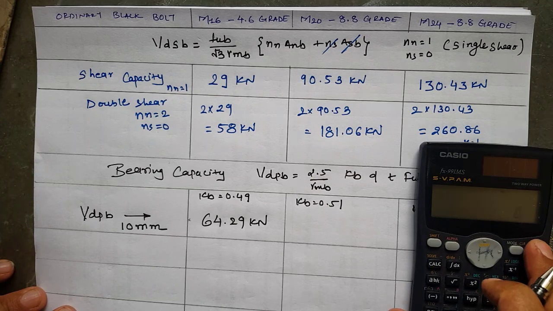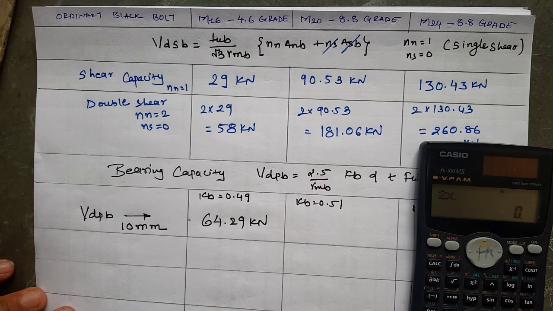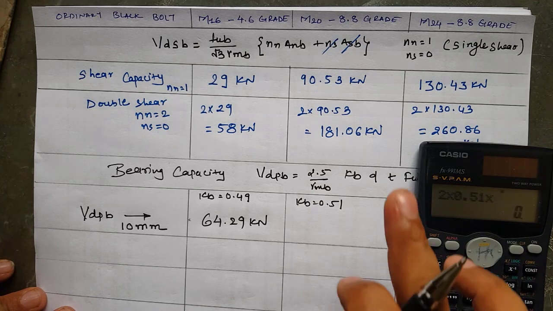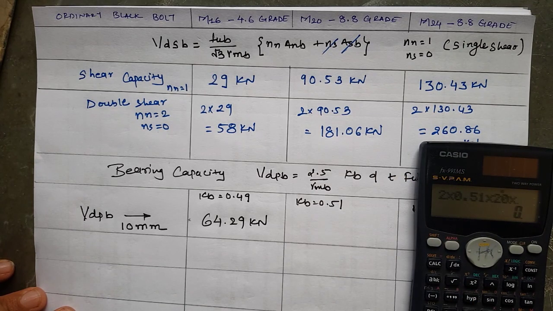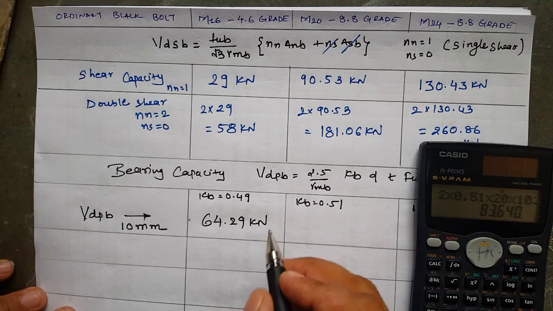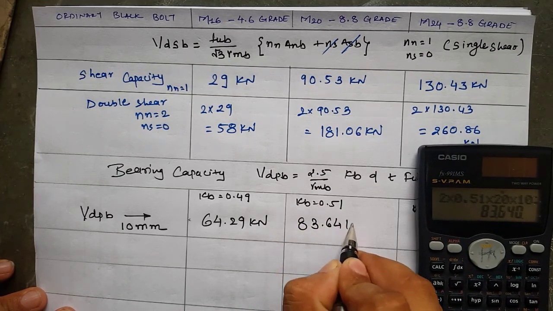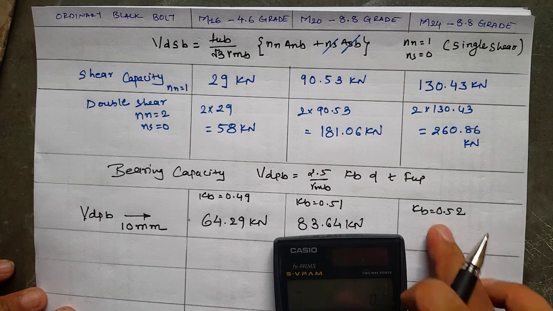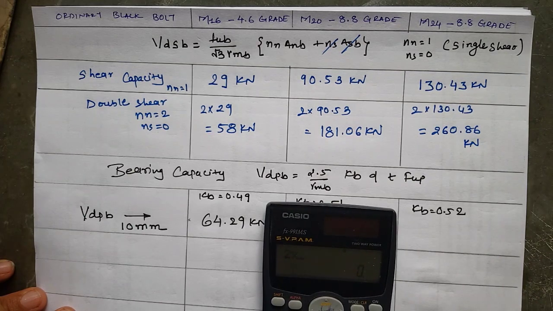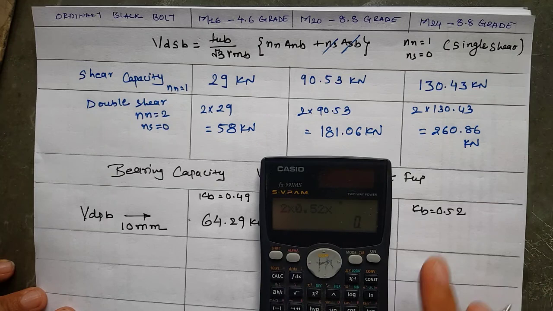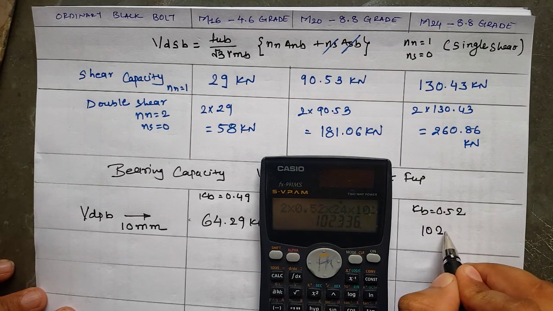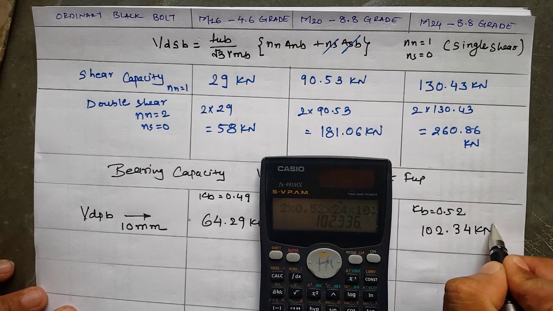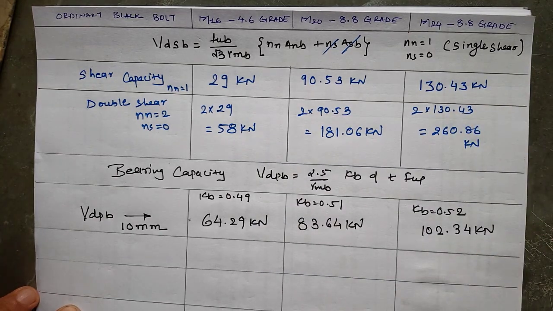For the next value, 2.5 by gamma mb, kb is 0.51, d 20 mm, t 10 mm, fu 410, it is 83.64 kilonewton, and the last one is 2.5 kb, 0.52, d 24 mm, t 10 mm into fu, so our value is 102.34 kilonewton. All these values are the bearing capacity for different grades of bolt.